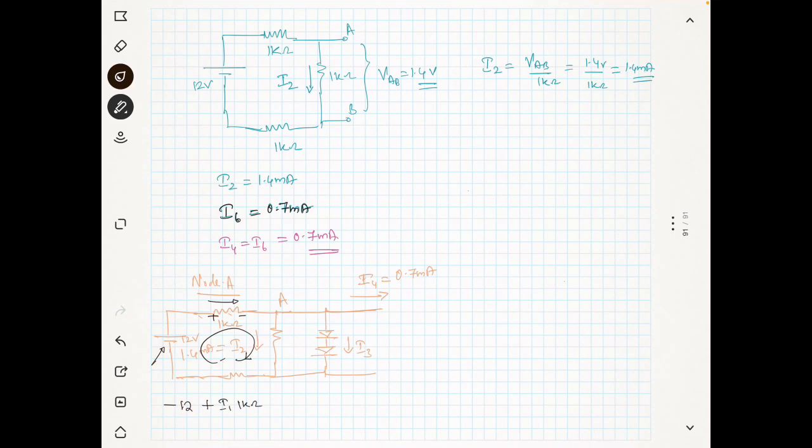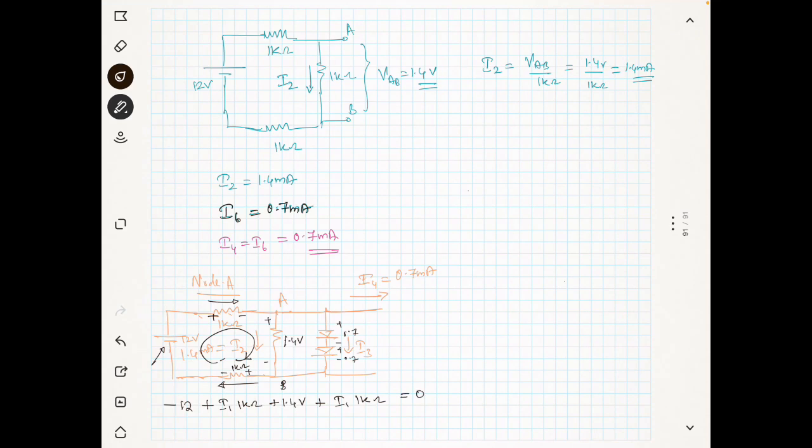Next, the voltage between A and B is 1.4 volt, because this is 0.7 and this is 0.7. So plus 1.4 volt. Then the current goes back into the negative terminal of the battery. Again this is 1 kilo ohm, so it is plus I1 into 1 kilo ohm, and that is equal to 0.